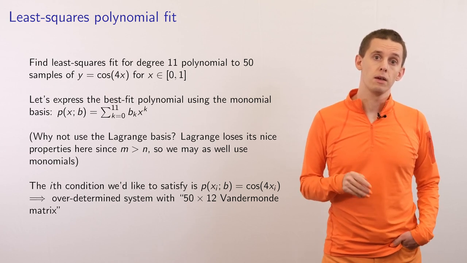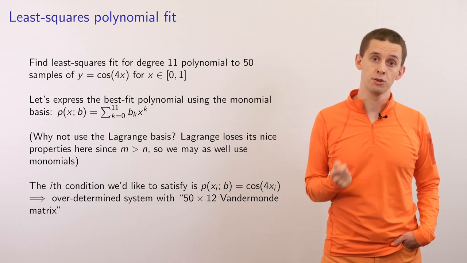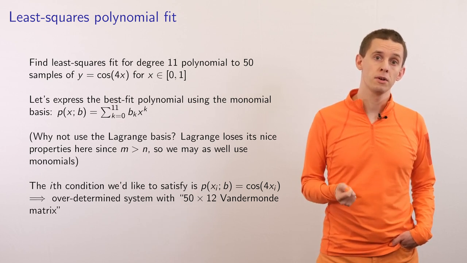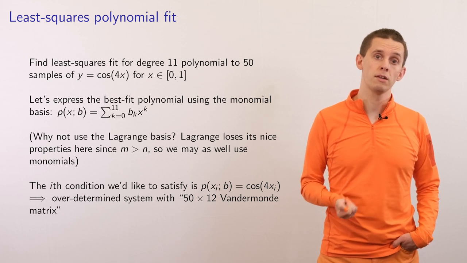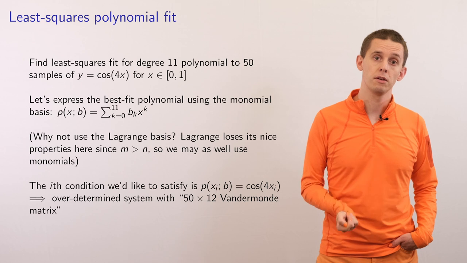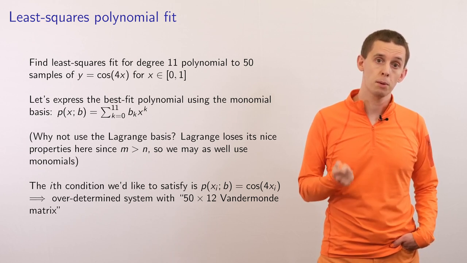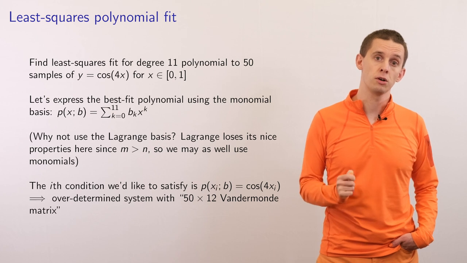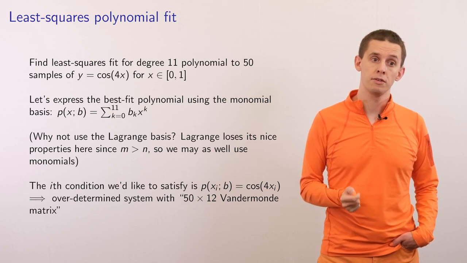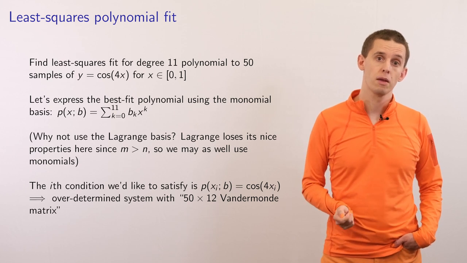We saw that, for example, the Lagrange polynomials could give us better conditioning. However, here, when we're dealing with fewer parameters in our function than data points, the nice properties of Lagrange no longer apply, and therefore it's often just as effective to use monomials.